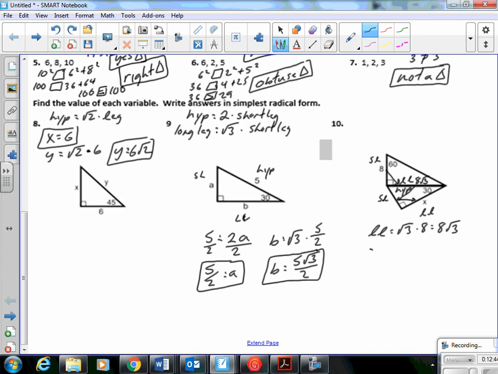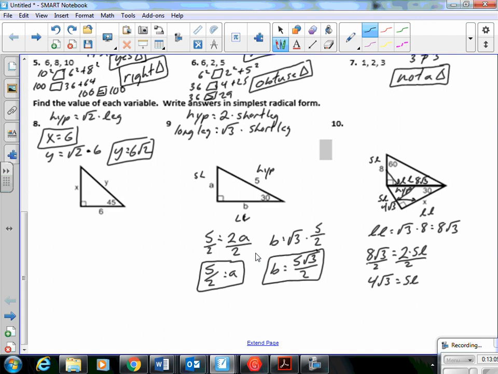So 8 square roots of 3 is the length of that hypotenuse, and it's going to be equal to 2 times that short leg. So divide by the 2. 4 square roots of 3 is going to equal the short leg. 4 square roots of 3 there.